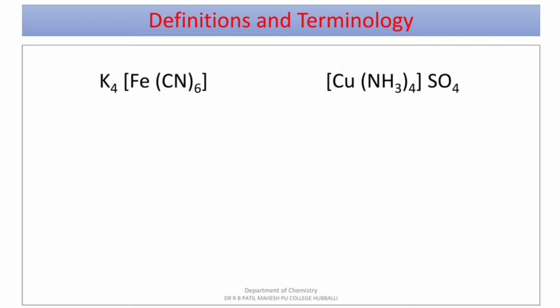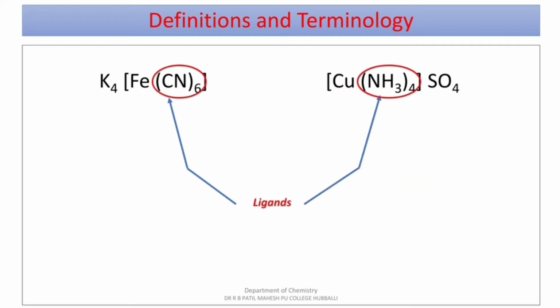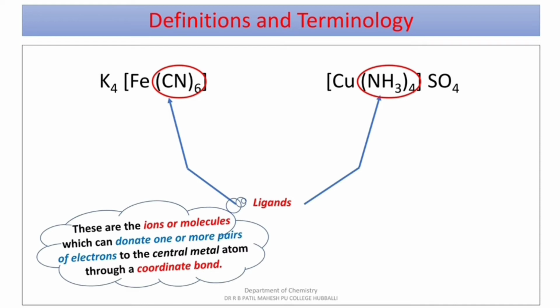Moving to the next one, which is again inside the square bracket, that is CN and NH3. They are known as ligands. Ligands are the ions or the molecules which can donate one or more pairs of electrons to the central metal atom through coordinate bond, which is one of the important definitions.